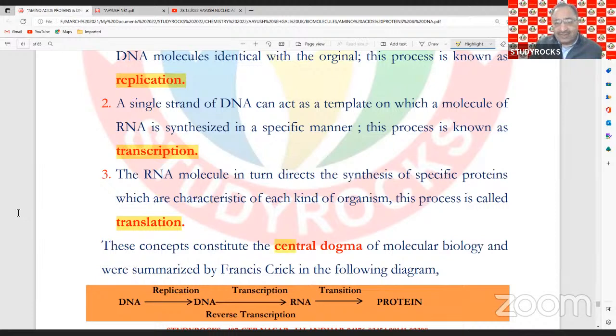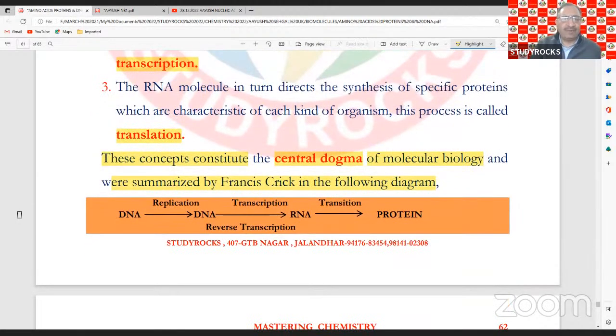This word is very important: central dogma. These concepts constitute the central dogma of molecular biology and were summarized by Crick in the following diagram. DNA undergoes replication, then transcription, and reverse transcription changes it to RNA, then there is translation to protein.